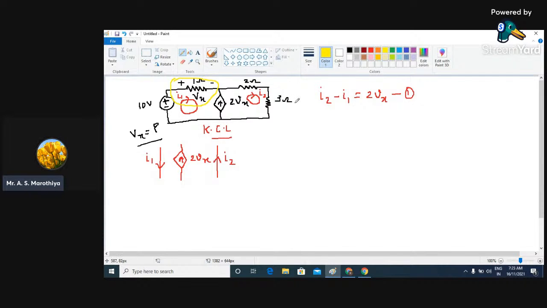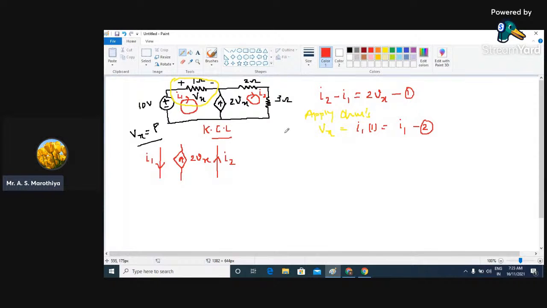Now if you apply Ohm's law, I can write this Vx, the voltage across this 1 ohm resistor, is equal to I into R. Now what is the value of current flowing through this 1 ohm resistor? It is I1. So this is I1 into R, which is 1. So I can write Vx is equal to I1. Let this be your equation number 2.